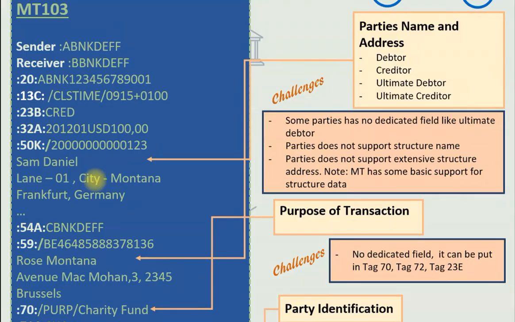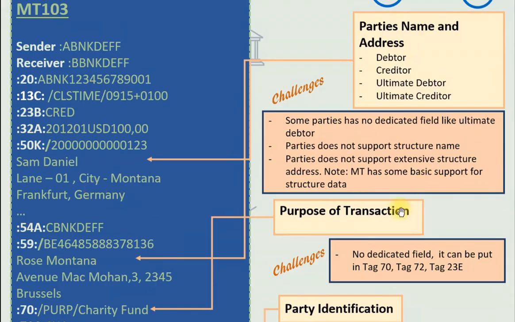So for compliance it becomes a challenge because there is no dedicated tag for city, country, room, flat, hall and everything. Even if this is provided in whatever form in MT, it is never very clear for the compliance system to work upon. So they take a few pieces of information and try to do some kind of partial match or similarity to find it.